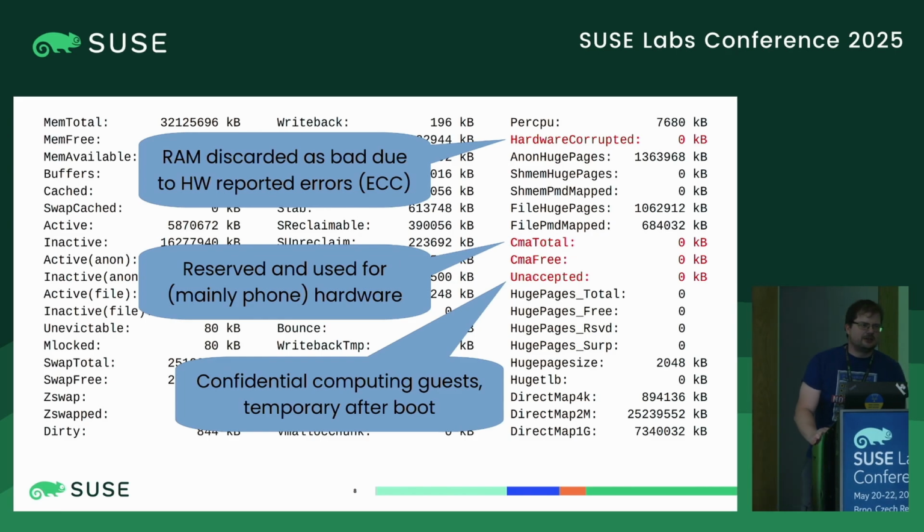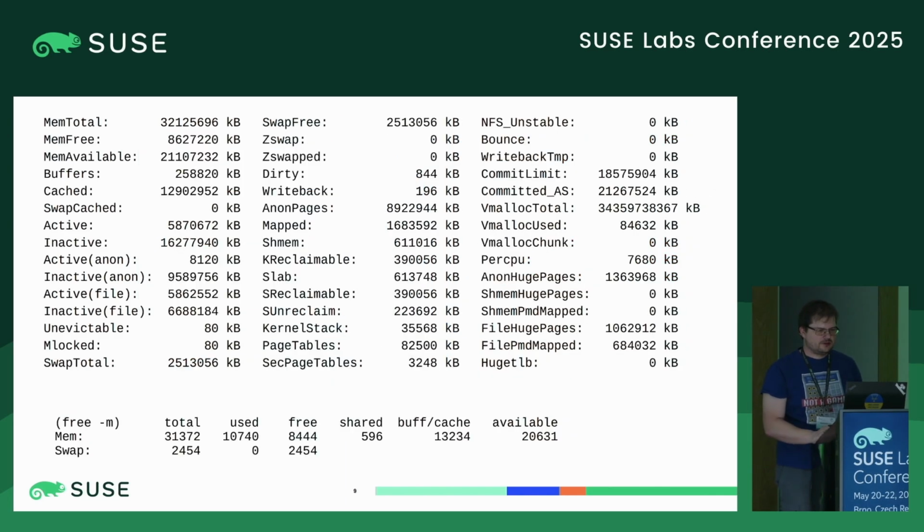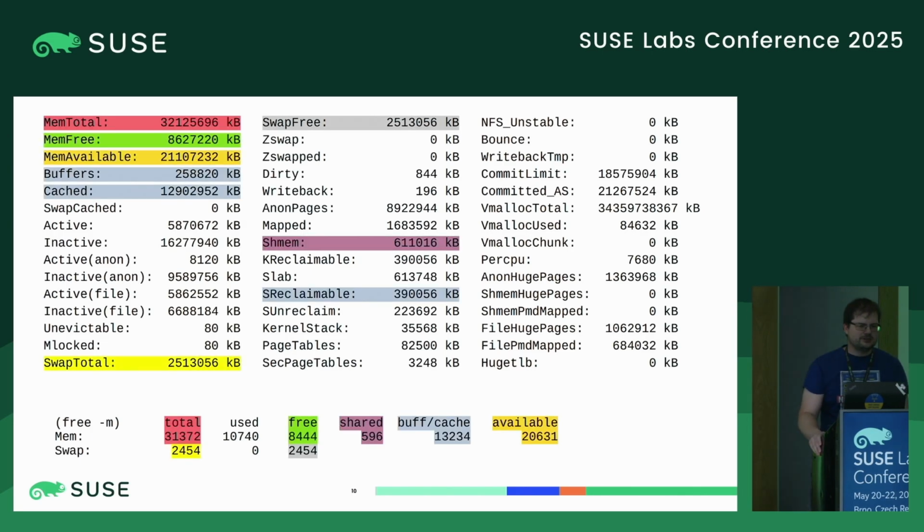Unaccepted is a new counter that may be non-zero shortly after boot on a confidential computing guest, and then later the memory will eventually be accepted and it will go to 0. So with those counters removed as not so interesting, we now have space to put also the free output there and see that some of the values in the free command correspond exactly, or you have to trust me because this is rounded up differently.